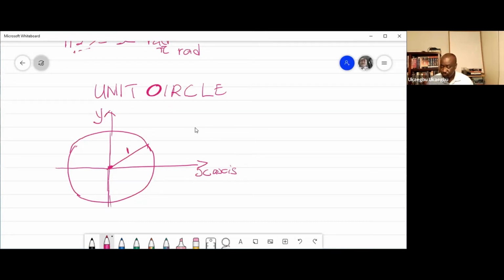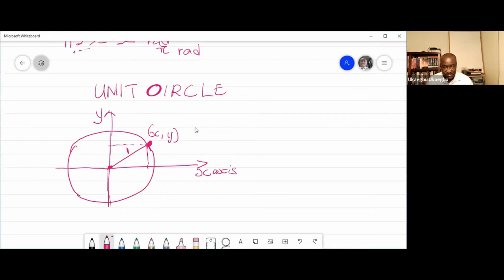Okay? Now, at this point where you have this radius 1, there is the equivalent value of y. There's also equivalent value of x. So at this point, there is a coordinate that is established, which is x, y, at this very point.